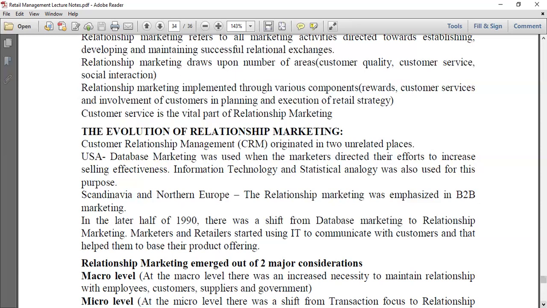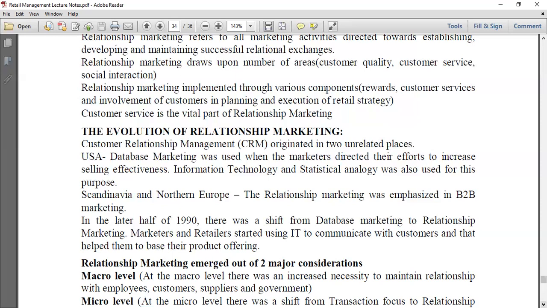Today, marketers and retailers alike are using information technology to communicate with customers, and that helps them base their product offerings in a better way. Every day we keep getting a lot of promotional SMSs, especially during the festival seasons. We get mails, we get SMSs, we get calls.